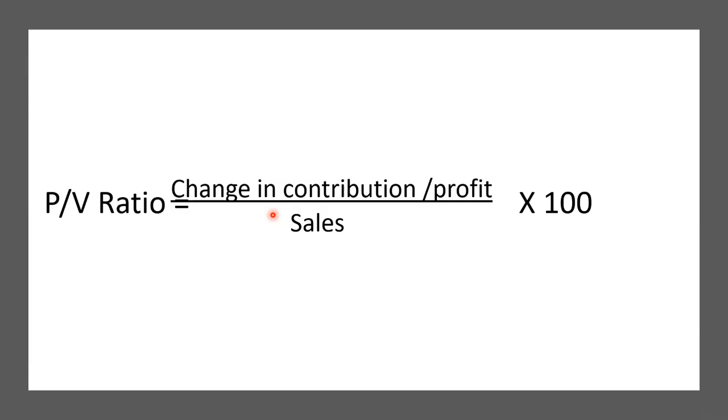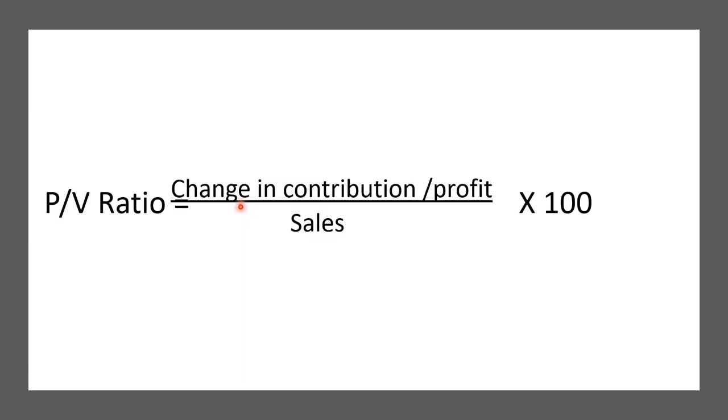In such a scenario, we need to arrive at change in contribution or change in profit, and then divide by the incremental sales or the difference in sales, into 100. We will get profit volume ratio.